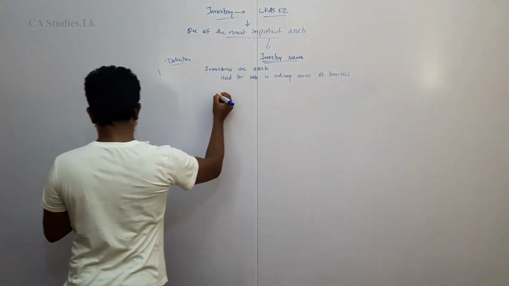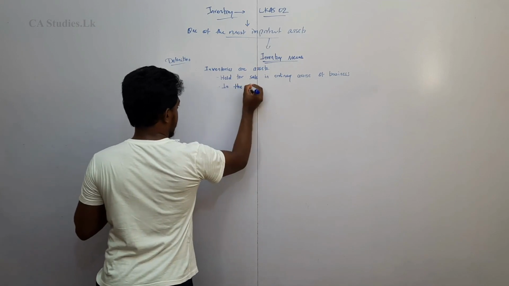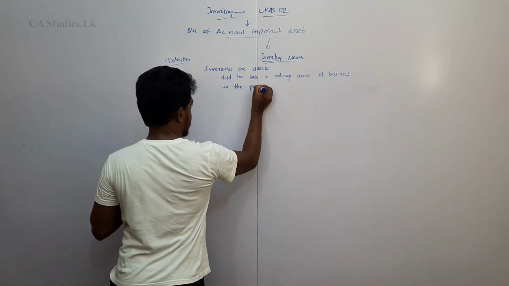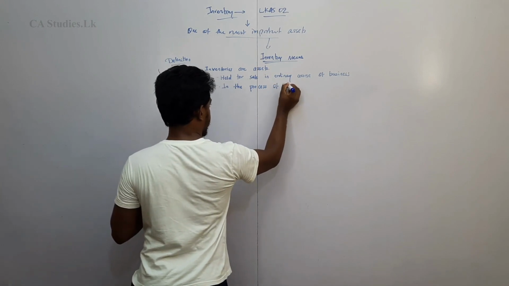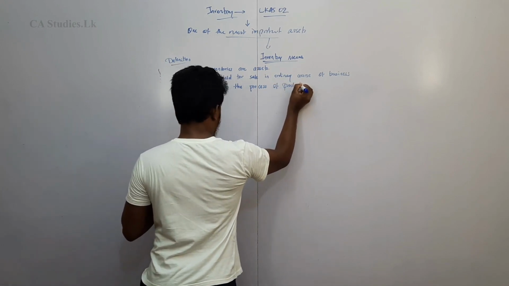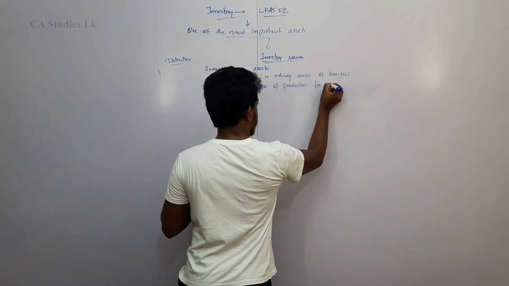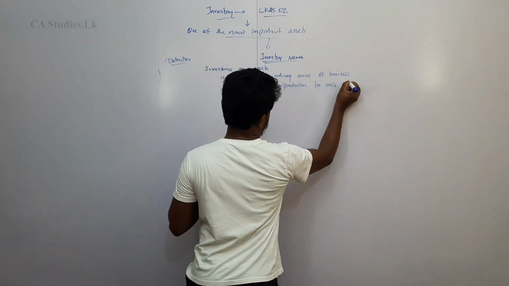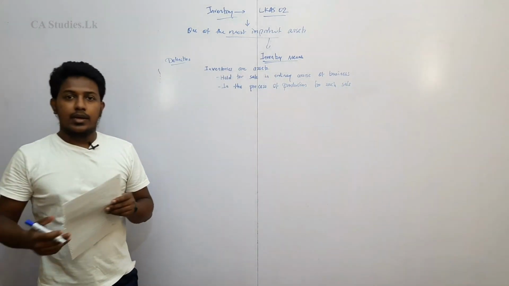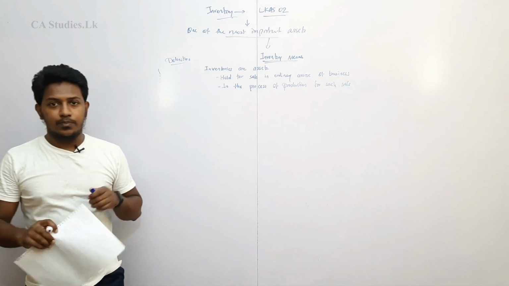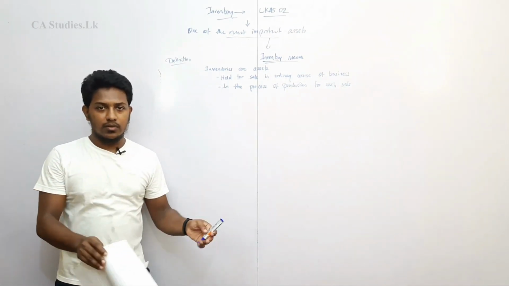Second one, in the process of production for such sale. For example, in furniture manufacturing, timber is a raw material, right?